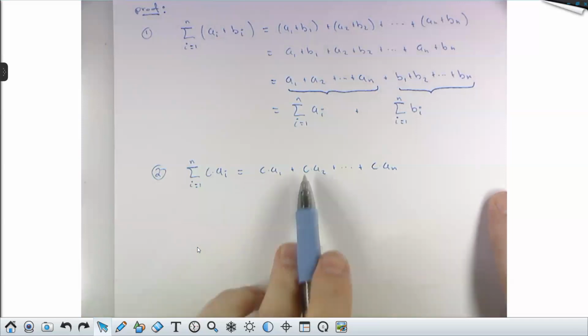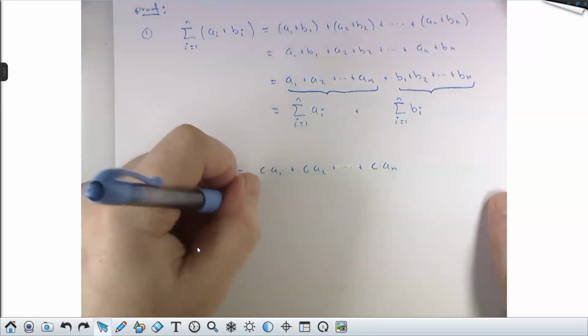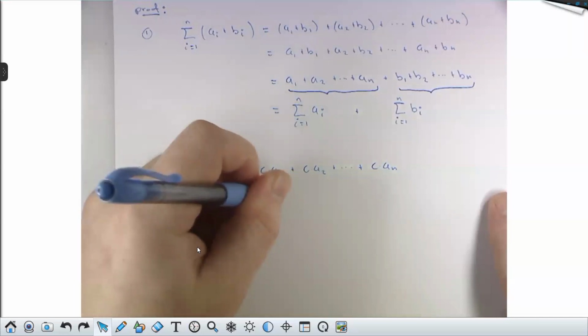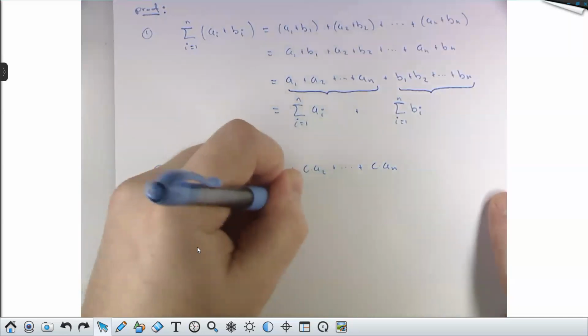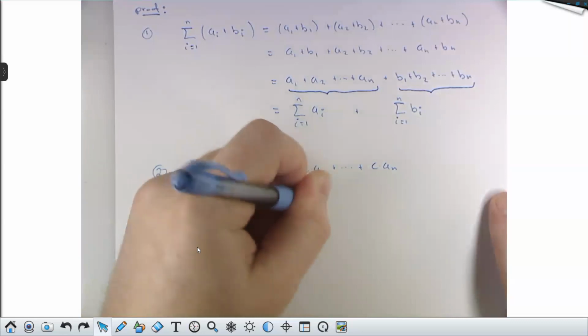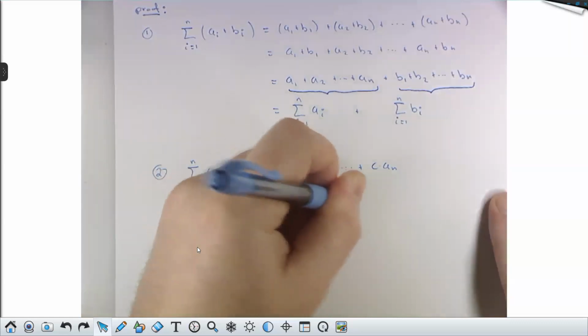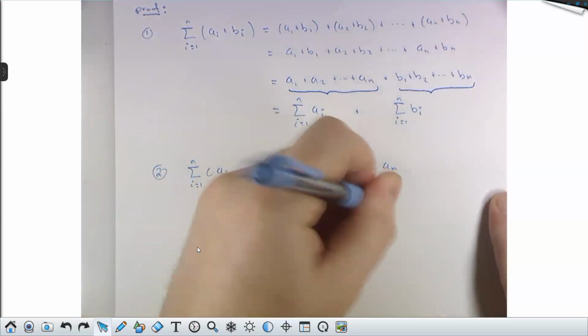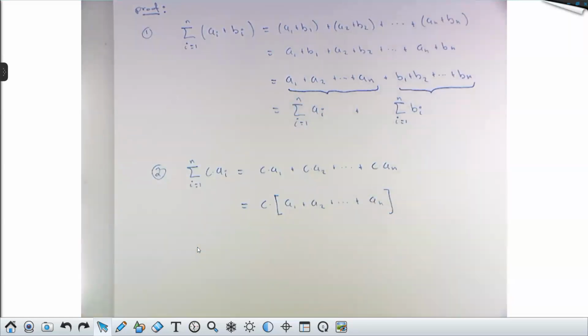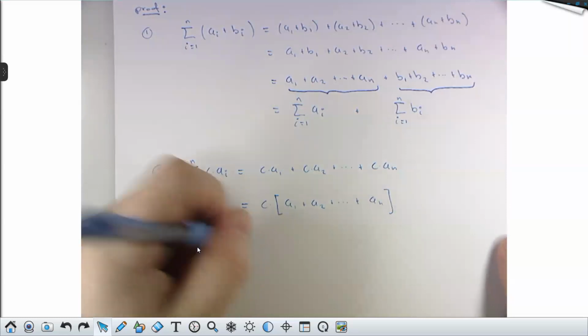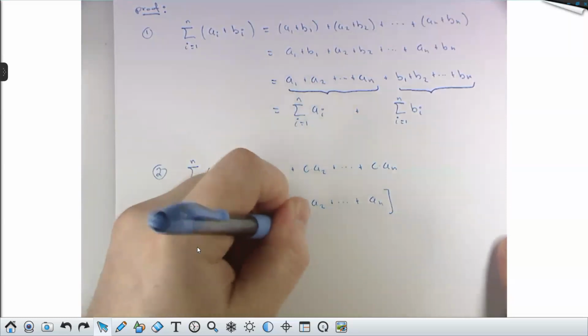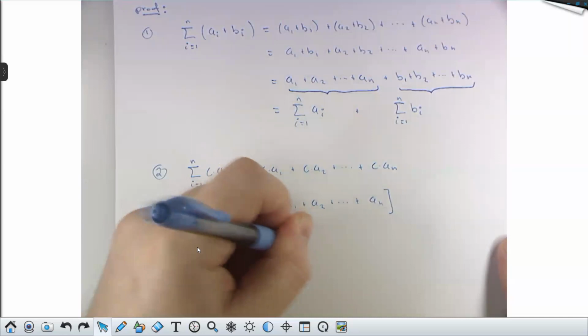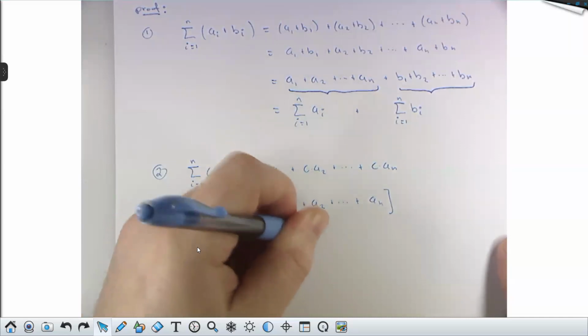And what you notice is that every term in the sum has a c in it, so you can factor out the c. And what's left would just be a1 plus a2 plus on and on till you get to an. And what you see inside the bracket there is, by definition, sigma i from 1 to n of a_i.